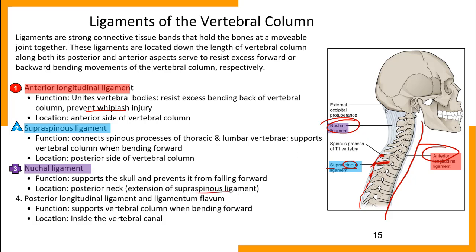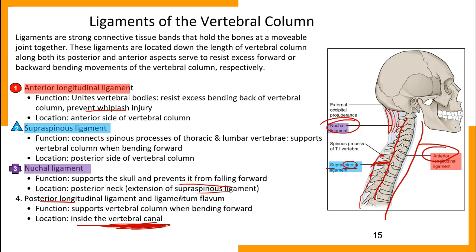And again, if you look at the location over here of the nuchal ligament, it helps to prevent your head from falling forward excessively. And then on the inside of the vertebral canal, you have the posterior longitudinal ligament, which again runs on the back of the vertebrae, and then you've got the ligamentum flavum.